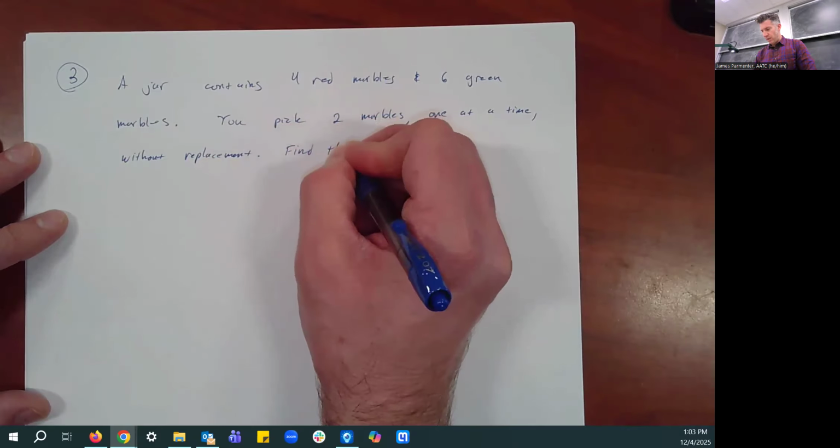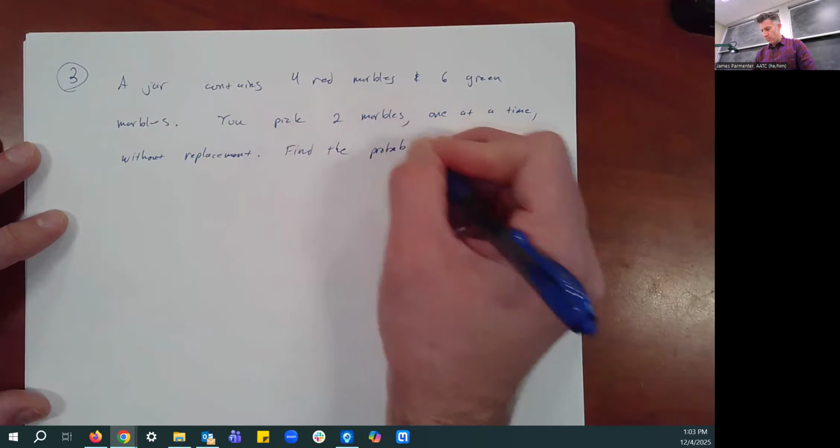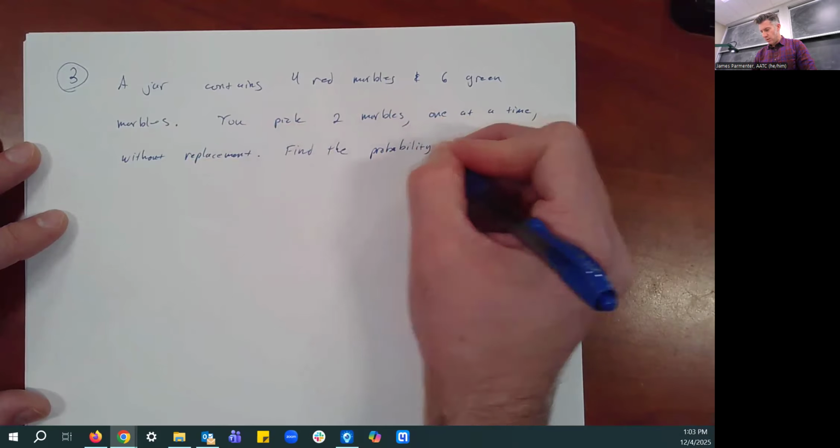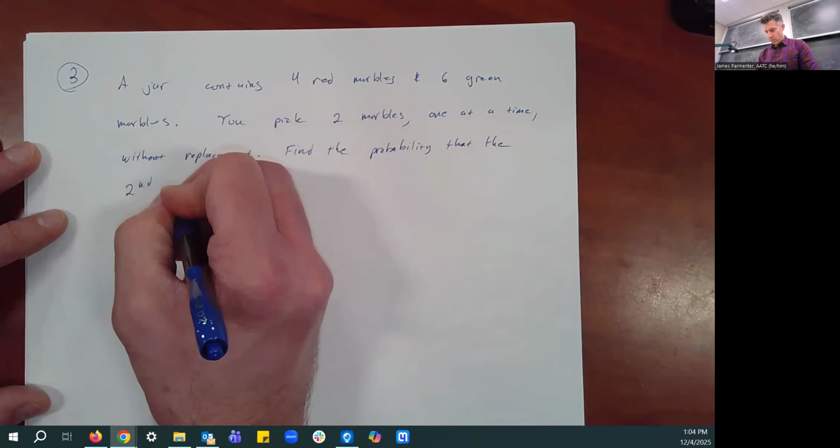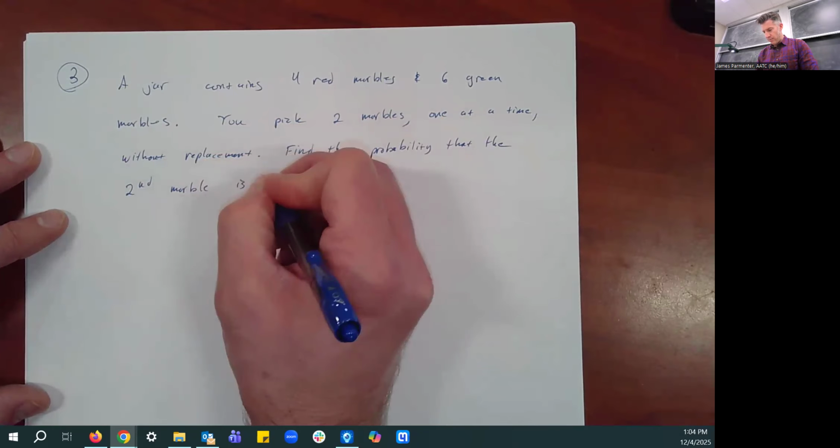Find the probability that the second marble is red.